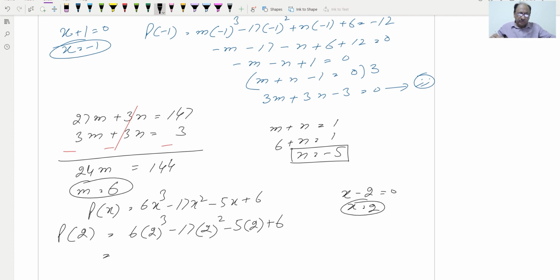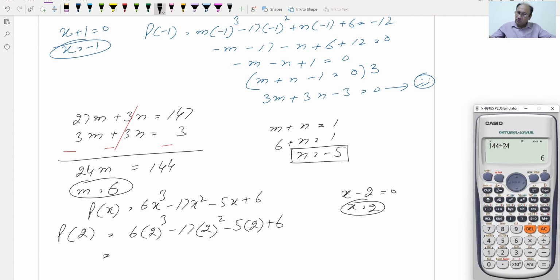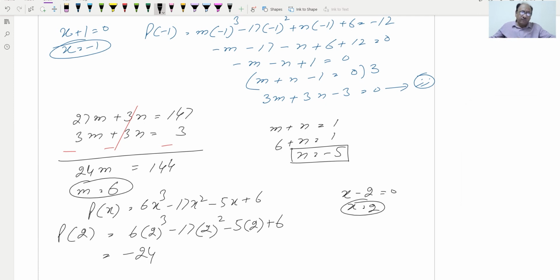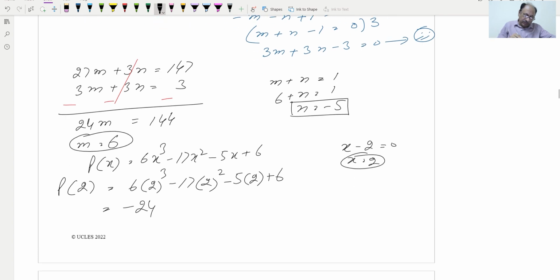This will be 6 into 2 cubed, and minus 17 into 2 square will be 4, and minus 10 plus 6, and this will be equal to minus 24. So minus 24 will be the remainder, and this is our final answer for this question.